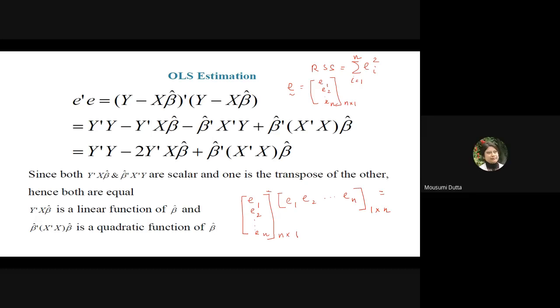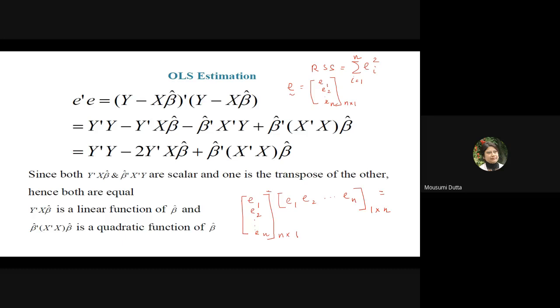Do we want that? When we are defining RSS, do we need a matrix? RSS is summation e_i square. Is it a matrix? Summation e_i square, my question is, what do you think?